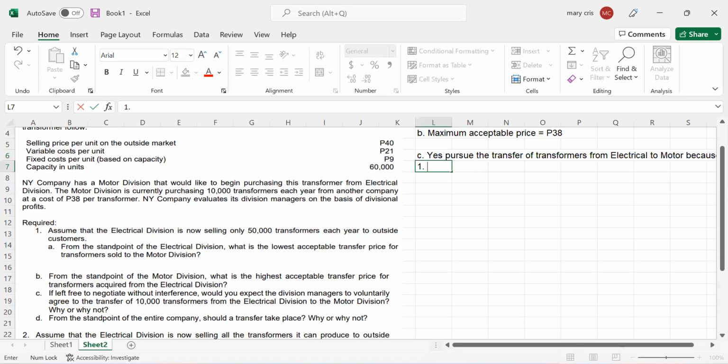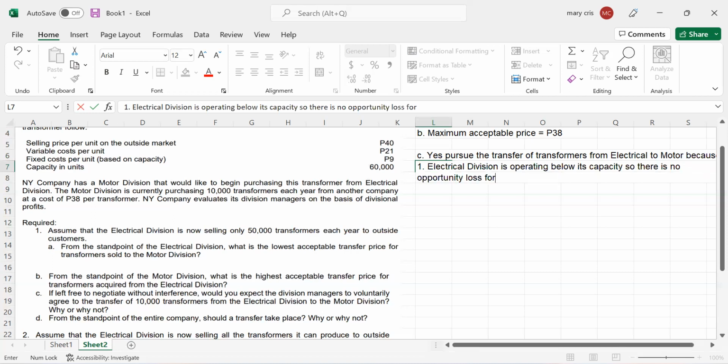electrical division is operating below its capacity. So there is no opportunity loss from outside sales.